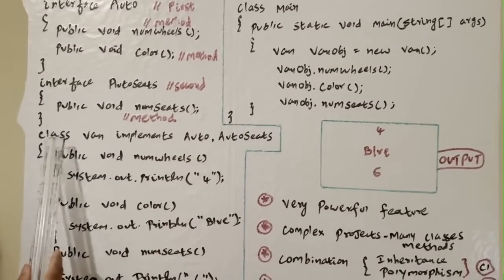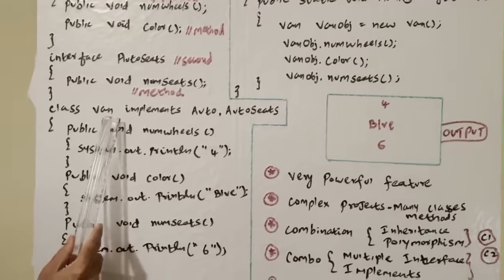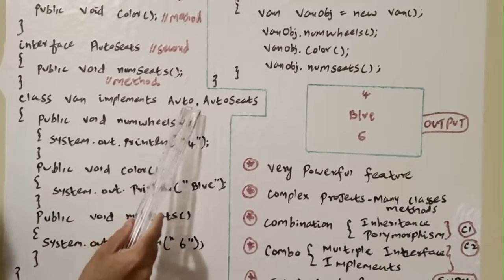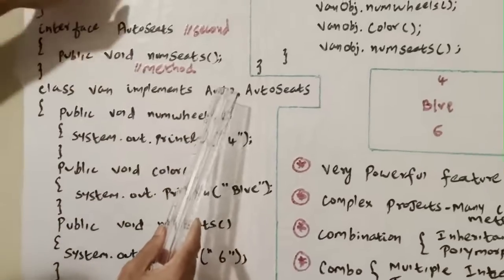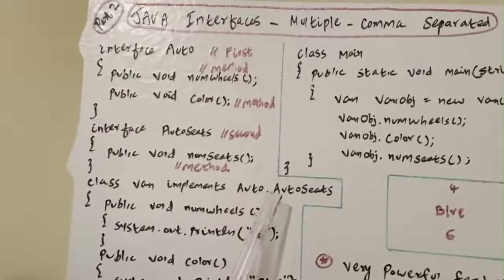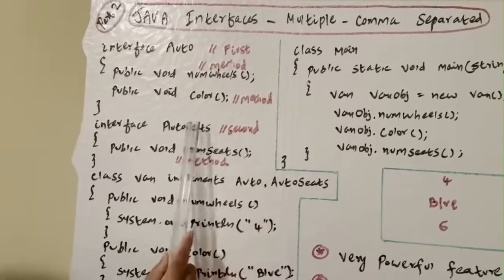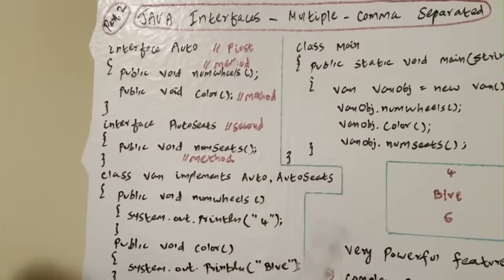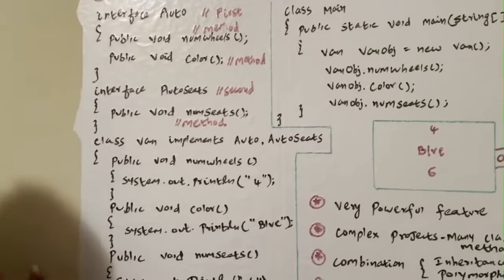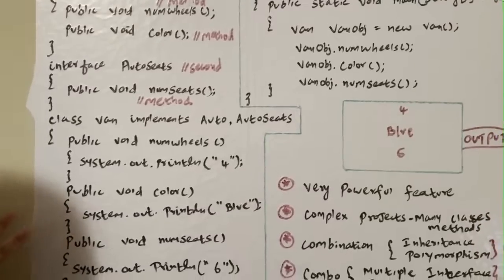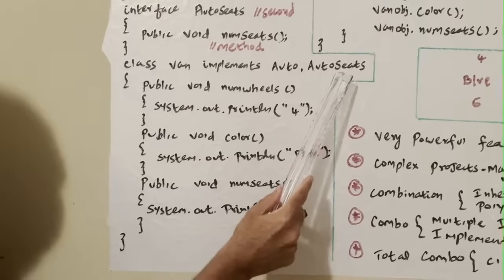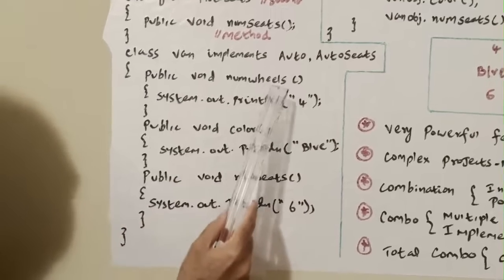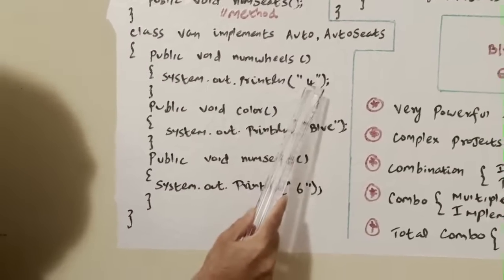So we call the class Van. It implements Auto, AutoSeats. You are calling the first interface here, comma separated, second interface here. You can define any number of interfaces. Now you can see the power of the Java programming language. So the main class implements Auto, AutoSeats. Public void numberOfWheels, you are printing 4.